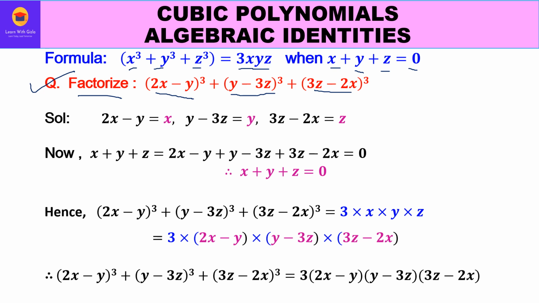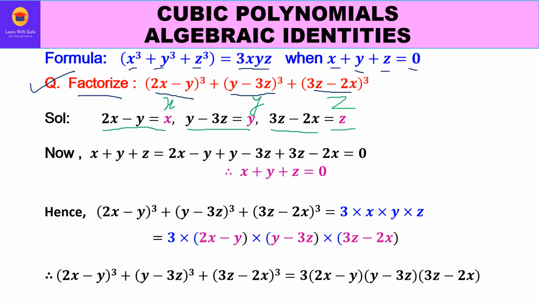We don't know whether x plus y plus z is 0. If you compare this formula with this question, this first term is your x, this is your y, and this is your z. So 2x minus y is your x, y minus 3z is your y, and 3z minus 2x is your z. Right, this is clear.